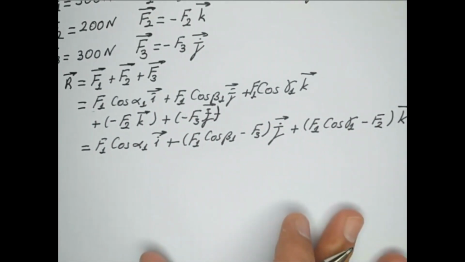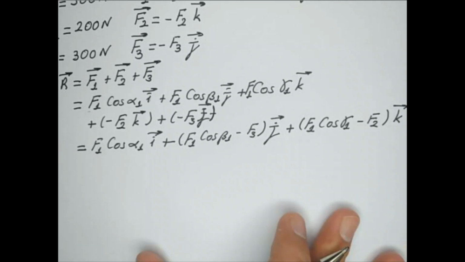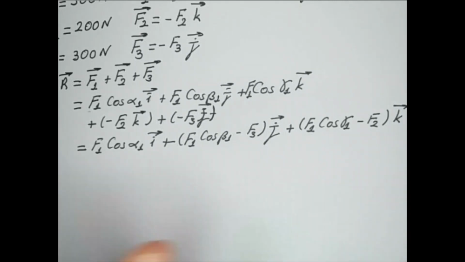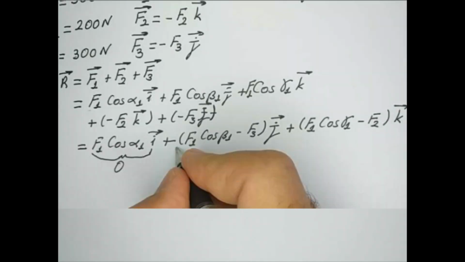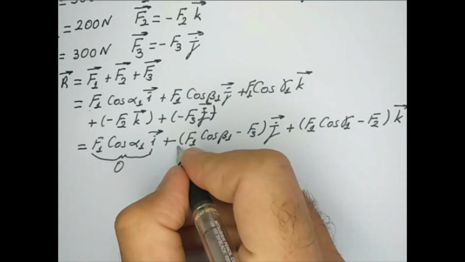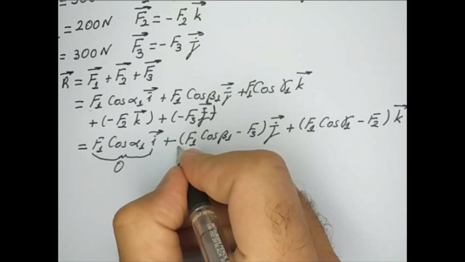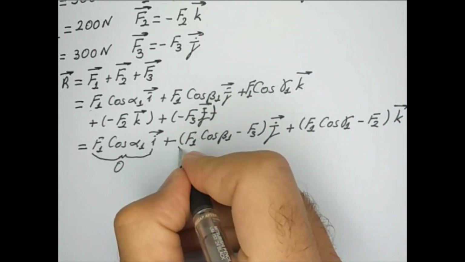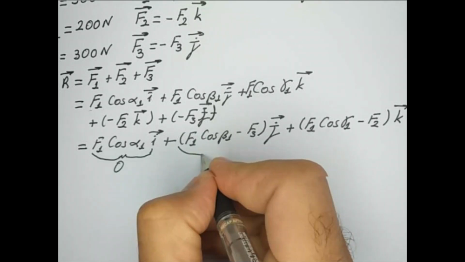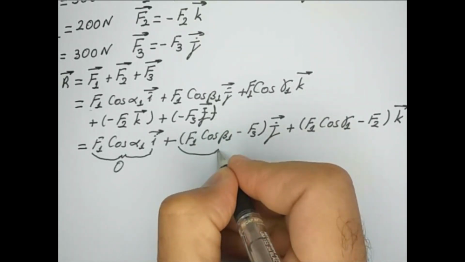Now, basically, each of these components has to be equal to 0 in order for the magnitude of the resultant force to be 0. From here, we can write: F1 cosine alpha 1 is equal to 0.